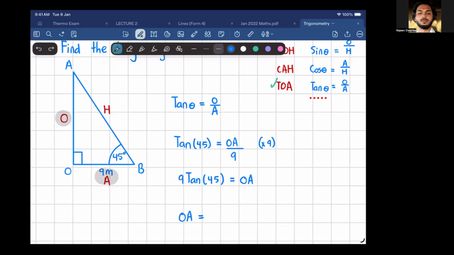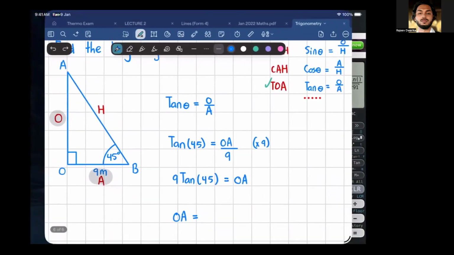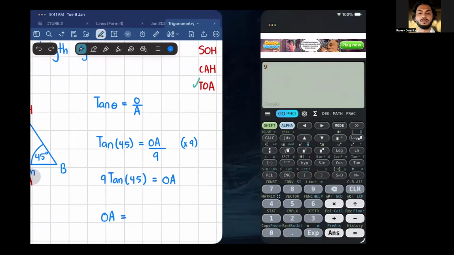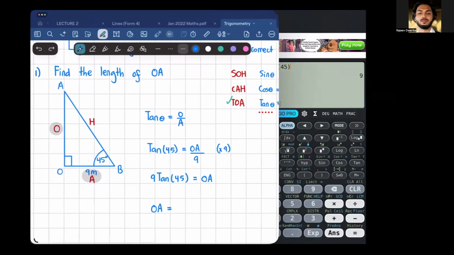What is 9 tan 45? What are you all getting for 9 tan 45? So I get 9. Yeah, 9 is the correct answer.